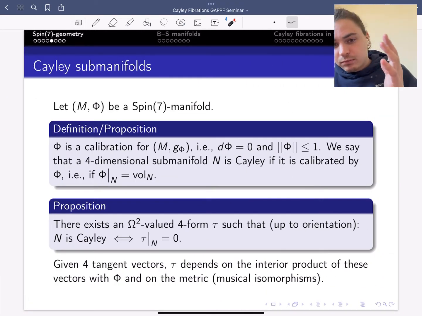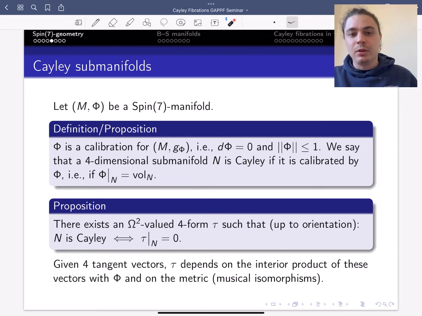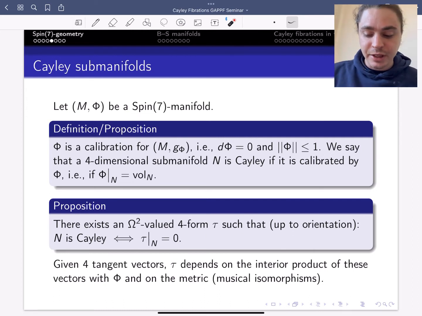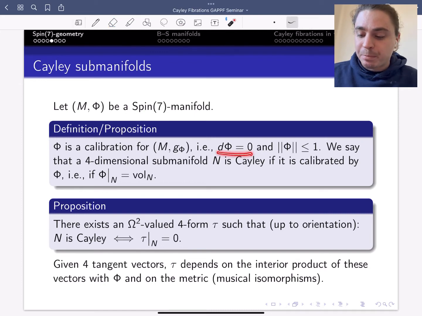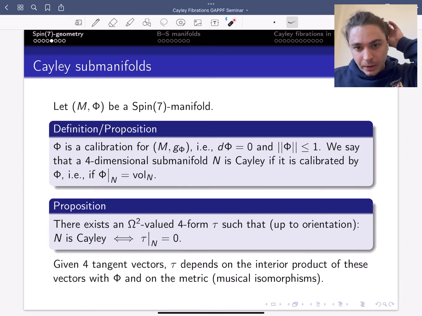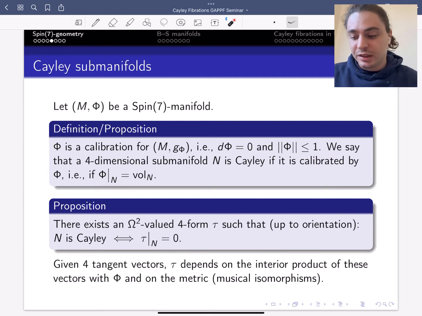Okay, so it's not surprising by the definition that phi, our Cayley form, looks very much like a calibration. And indeed it is true. Given M_phi a Spin(7) manifold, phi is a calibration. Indeed, the closedness condition is guaranteed by the torsion-free condition, and the comass condition is granted by the Spin(7) structure itself.